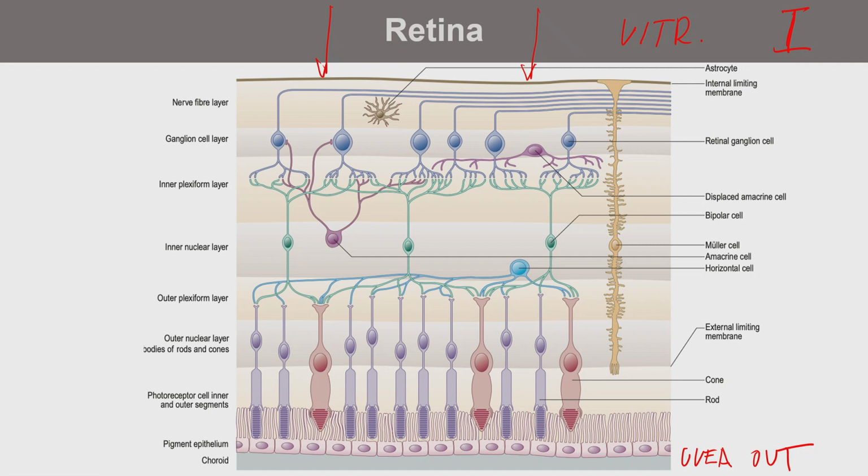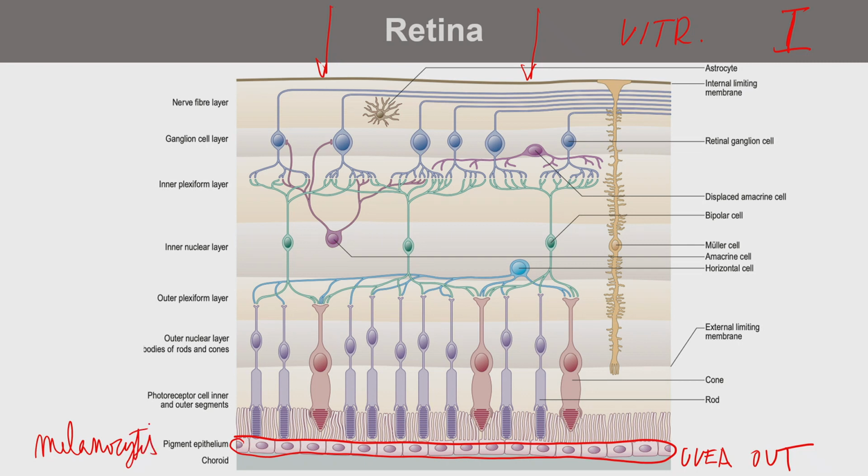The line between uvea and retina is made by the single layer of melanocytes. So melanocytes are cells containing melanin, and this melanin is very important because it is able to reflect the light and to improve the photodetection by the photoreceptors.